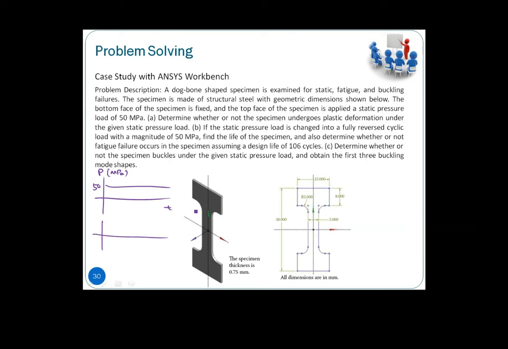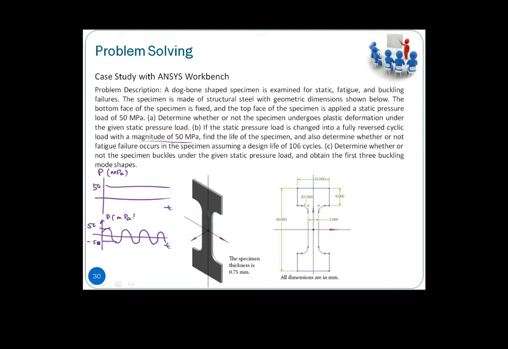In the dynamic load, now you change to a complete reversed cyclic load, 50 megapascal. So here is 50, here is negative 50. So your load from a 50 static pressure now becomes a dynamic or fully reversed cyclic load of 50 megapascal.